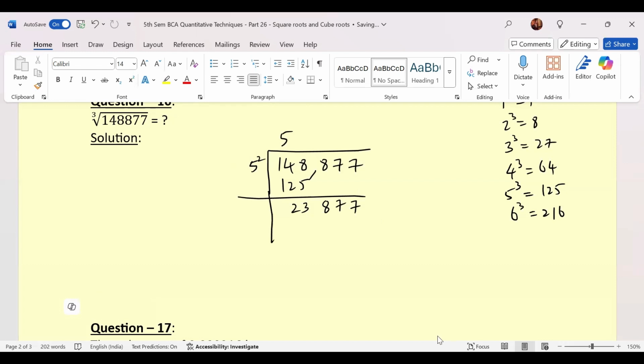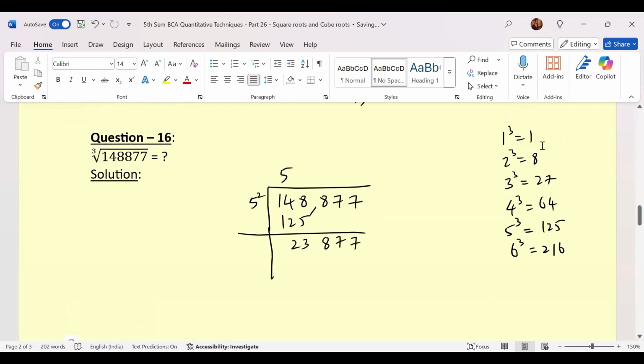Now, further, we have to see which cube is ending with 7. We may notice 3 cube is ending with 7. So we will try and divide this 23877 by 3.